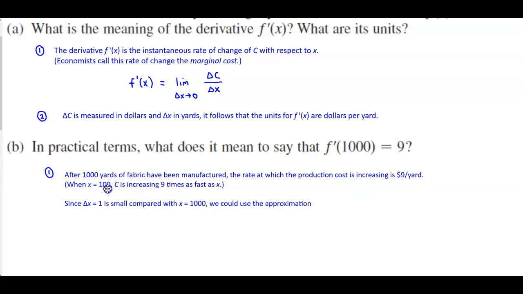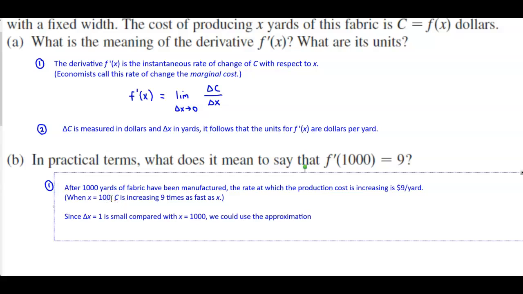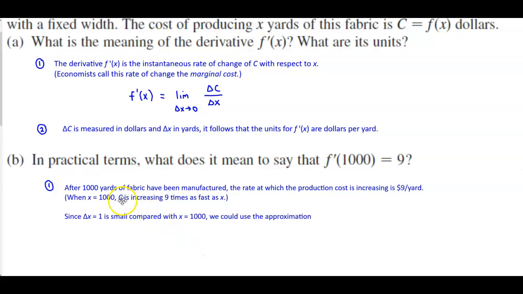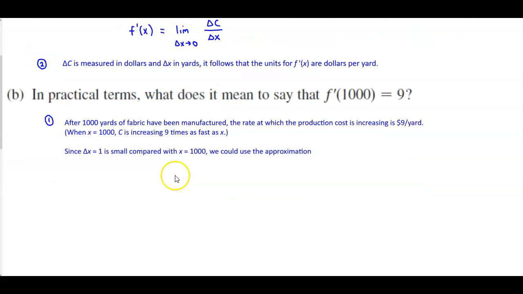That means that when X is 1000, the cost is increasing 9 times as fast as X. Now, since the change in X equal to 1 is small compared with X equal to 1000, we can use the approximation.